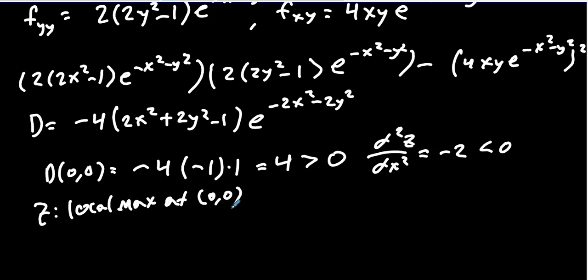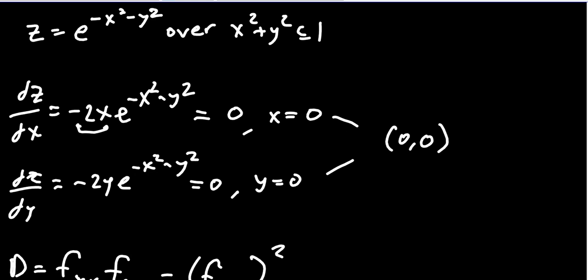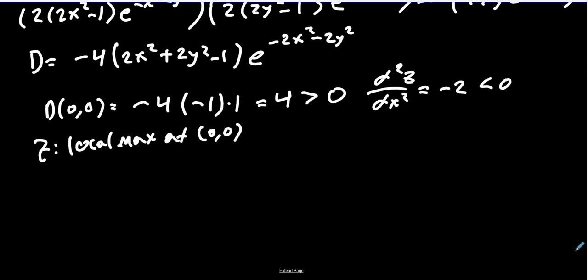And if we evaluate the function at (0, 0), you're just going to get 1, because e to the 0th is equal to 1. So, a local max at (0, 0, 1). Okay?